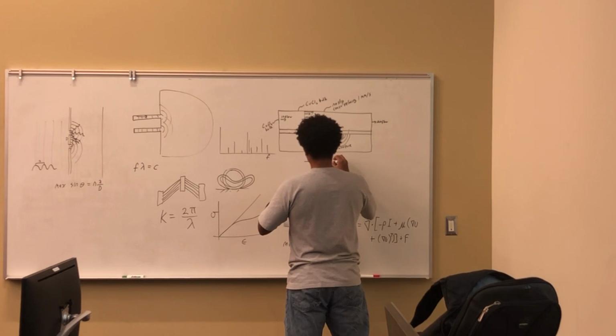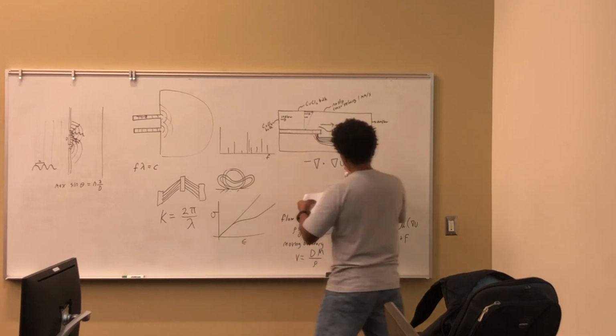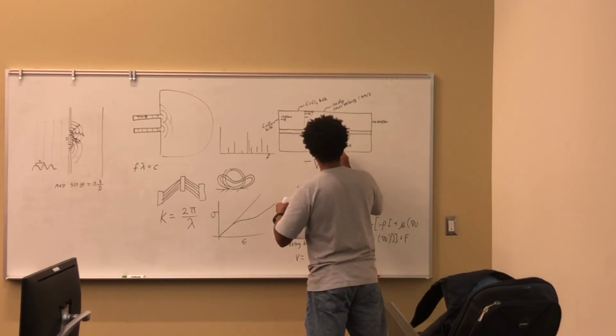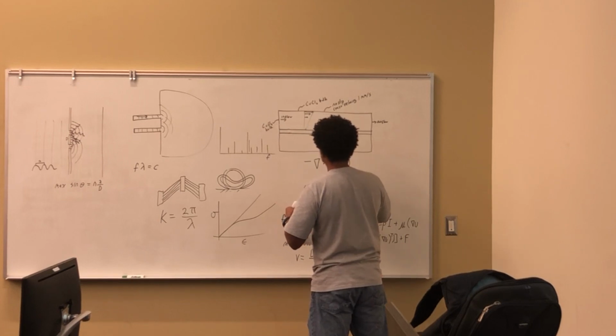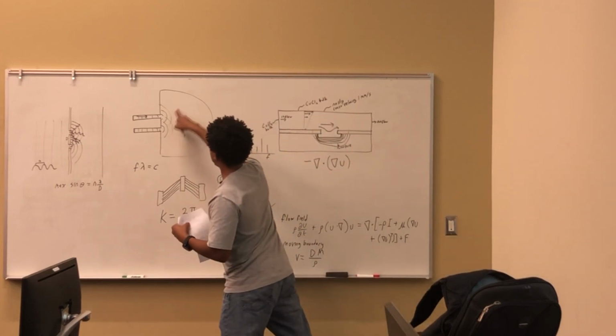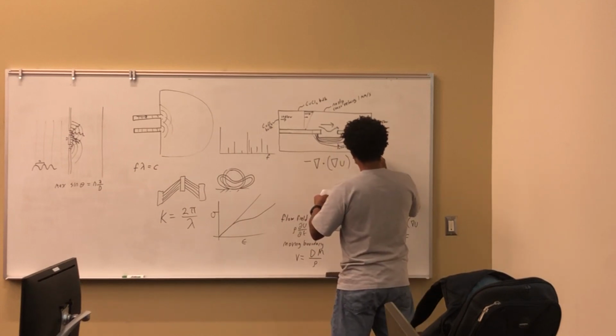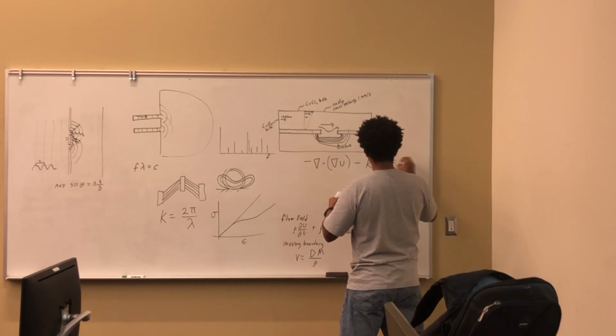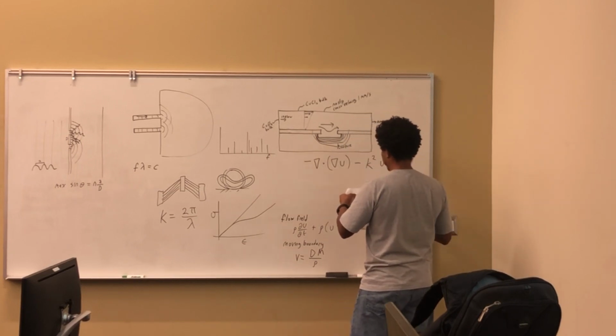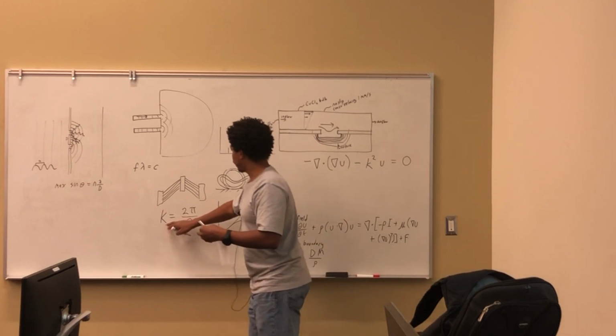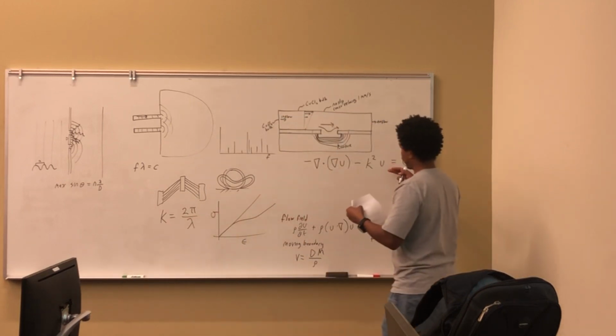And remember, U right here, this is the amplitude, this is the field, U of x,y, we're solving that in there. Minus, right here, k times u equals 0. So this is what we're solving here. Remember what k is right here, the wave number? We're solving this equation for u.